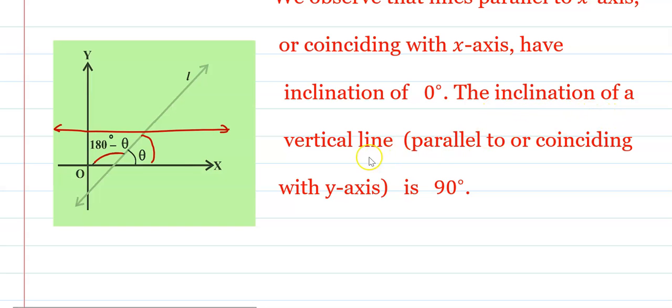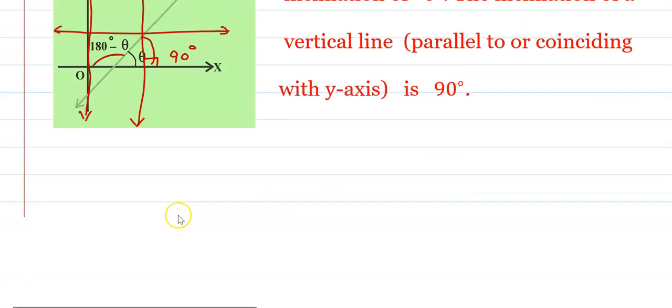The inclination of a vertical line parallel to or coinciding with the y-axis: suppose I draw the line which coincides with the y-axis, and therefore its inclination is 90 degrees. Or if I draw a line parallel to the y-axis, then we will say that the inclination of this line is 90 degrees.